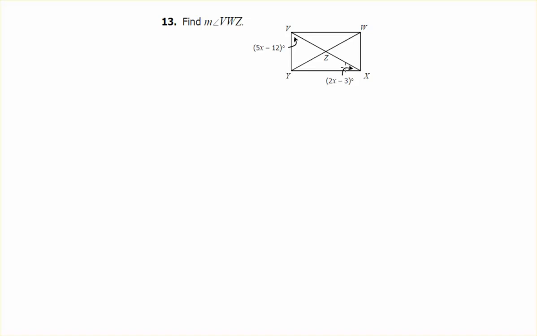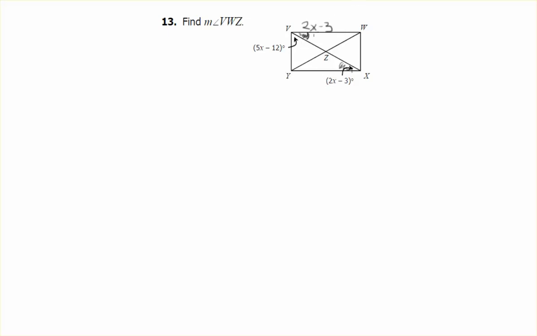But if this angle right here is 2x minus 3, I could say that this angle up here is also 2x minus 3, for the same reason that I was able to set those other angles equal to each other, because these would be alternate interior angles.